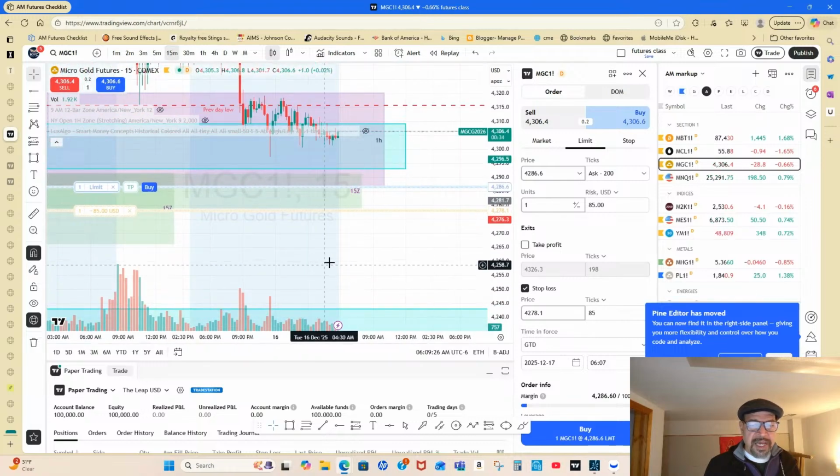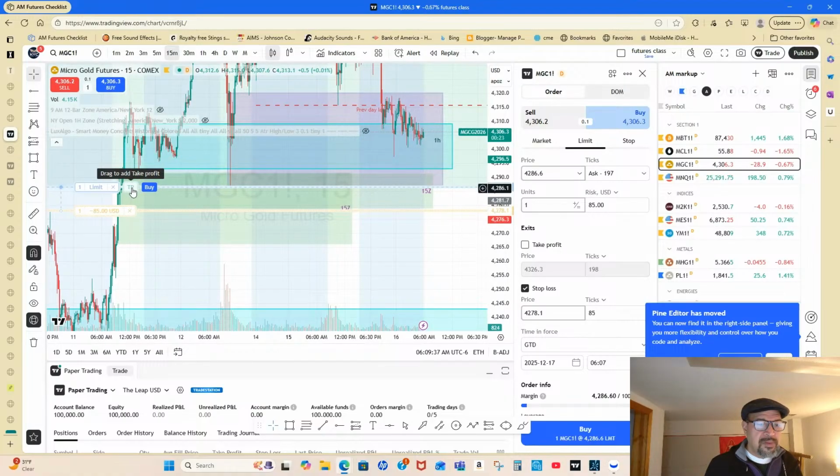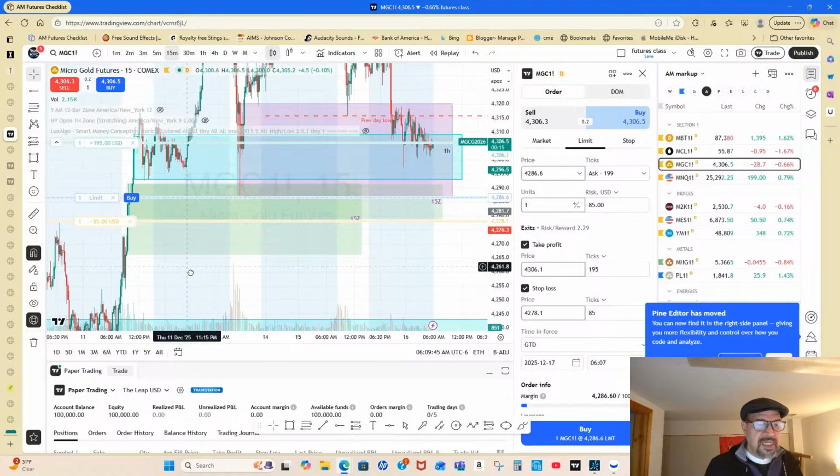So if it gets back there and reacts again in this range and goes back up, my take profit would be 3 times that. Should be 250, right?